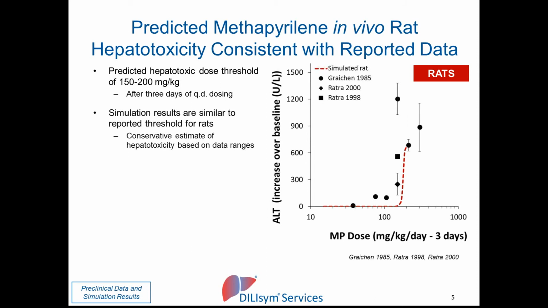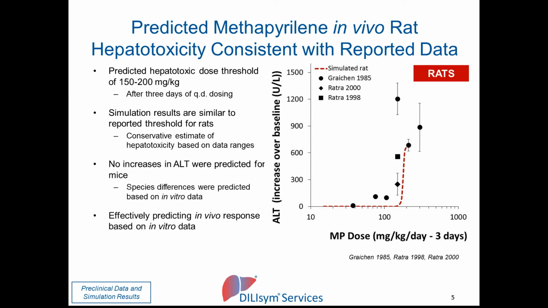Within the literature, combining the various reports, the simulation results are actually quite consistent with the observed threshold response, in that it also appears that in the rats in the preclinical studies, that same threshold of 150 to 200 milligrams per kilogram seemed to exist. So our simulation results really seemed quite consistent for rats.